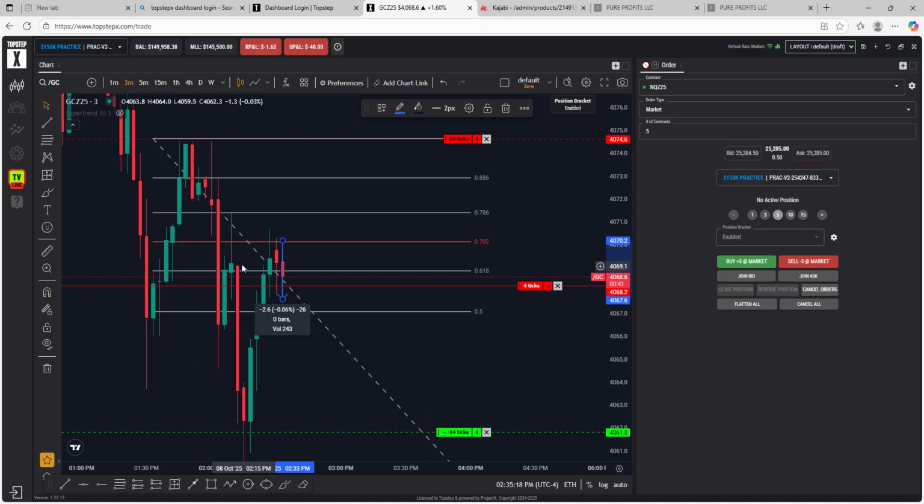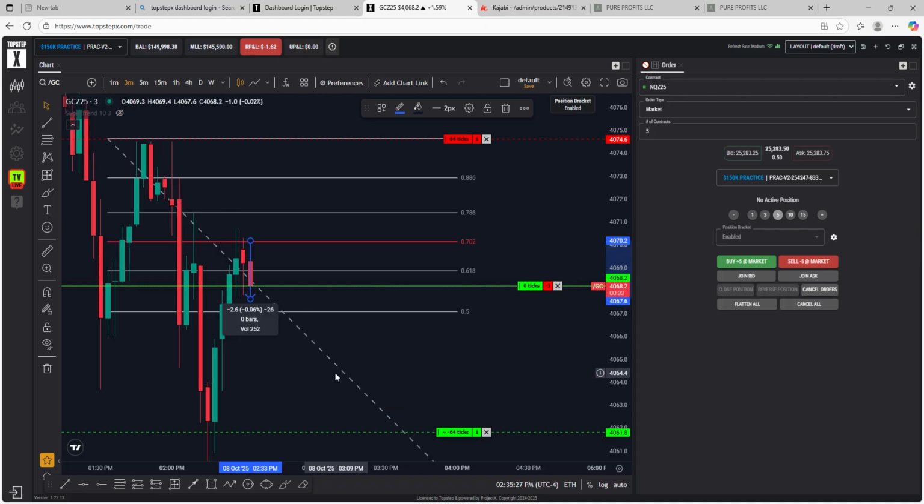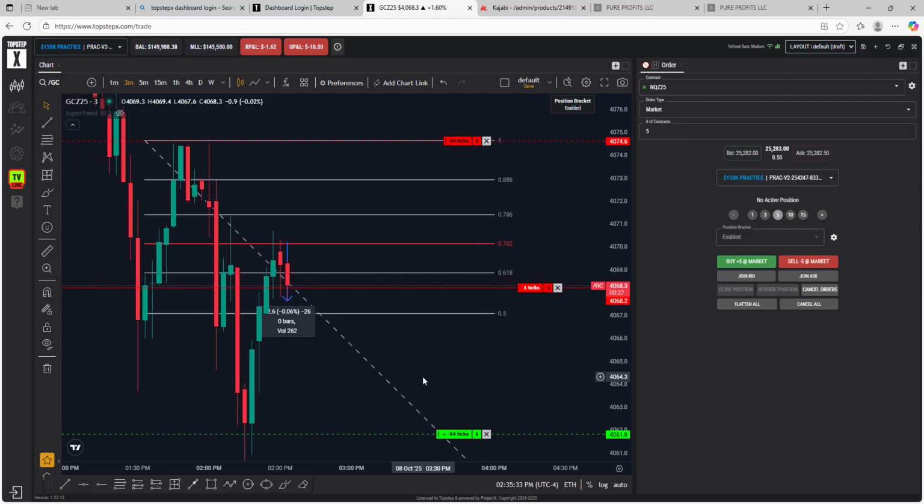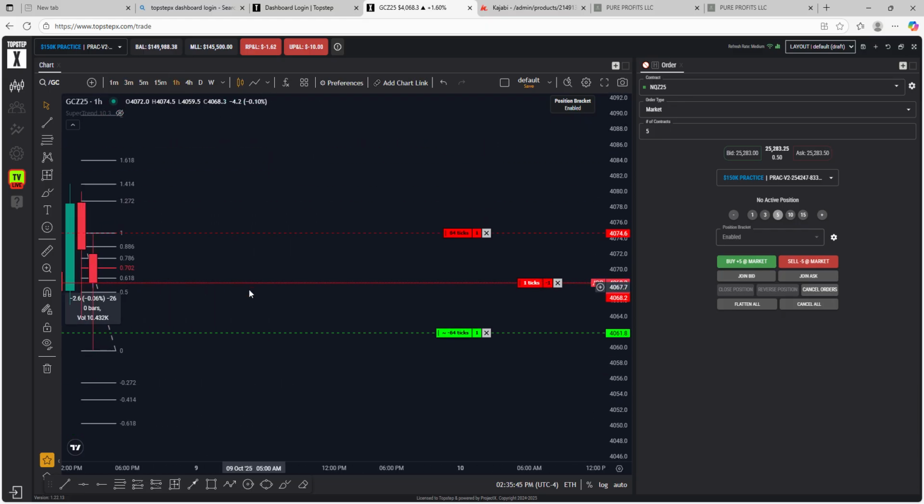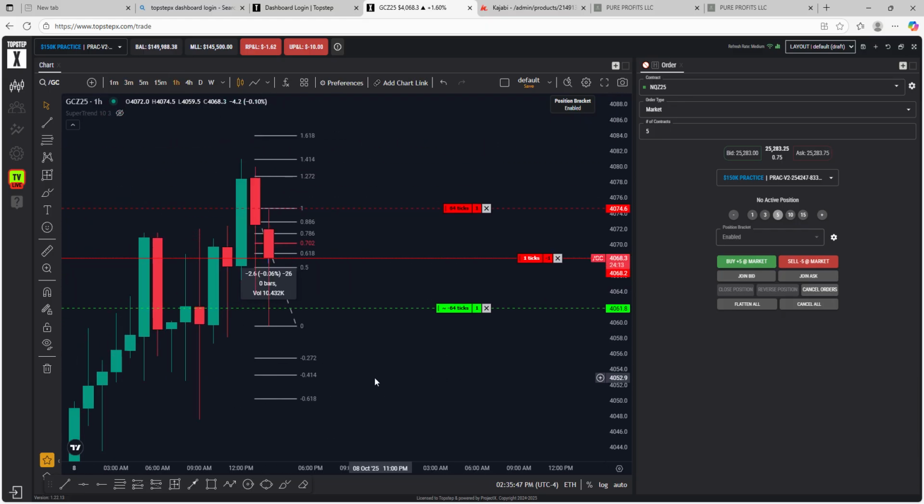Technically speaking, she's about to break structure to the upside because it's our candle close and she closed above. So this could honestly retrace back to this IC and go the other way. And the reason why is because our higher time frame, we are bullish.